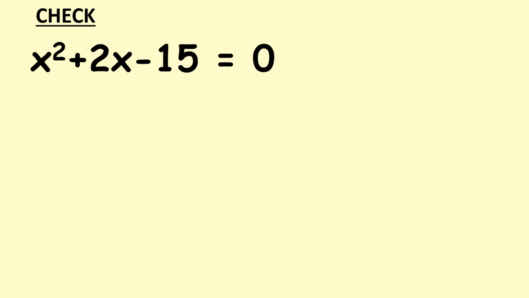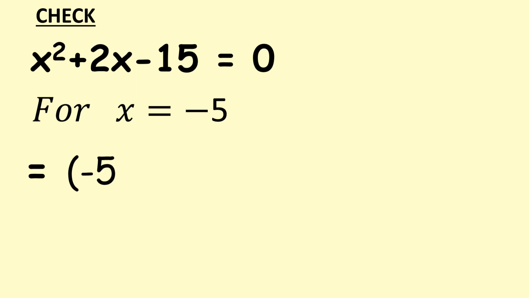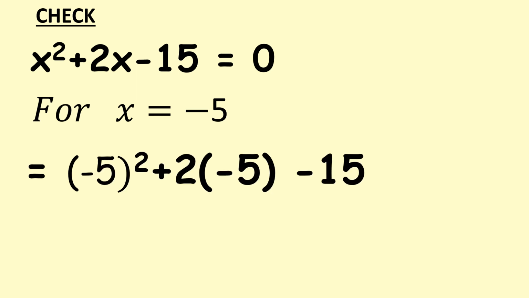We will quickly check for the other solution, where x is equals to, in this case, minus 5. So in the equation x squared plus 2x minus 15 is equals to 0, we'll substitute wherever we see x, we'll put minus 5. So now we have minus 5 squared plus 2 into minus 5 minus 15.